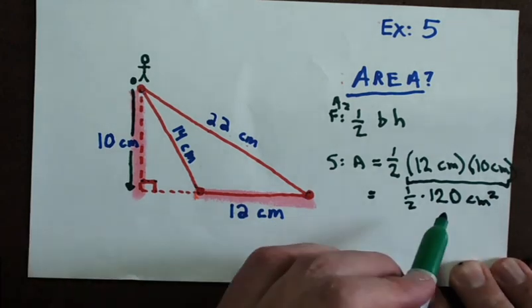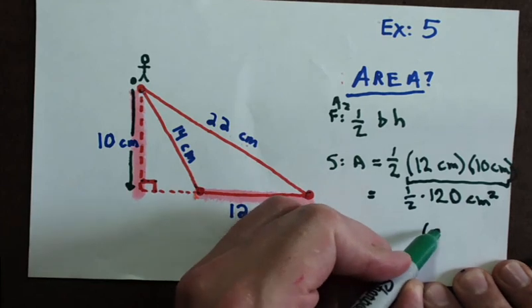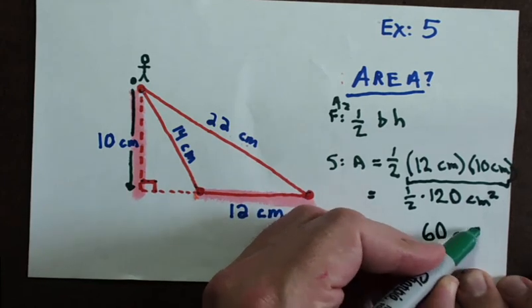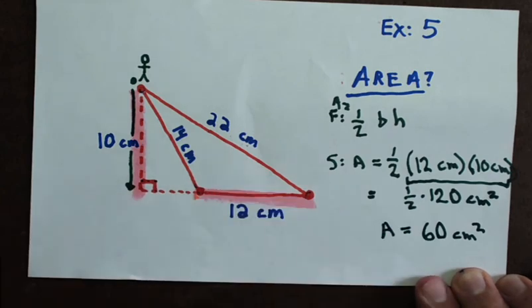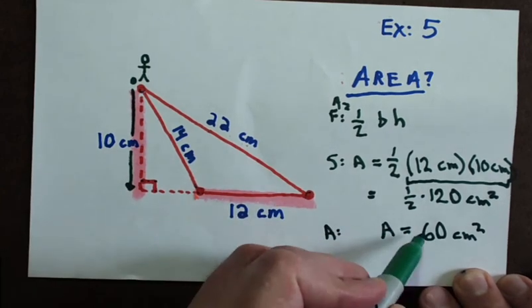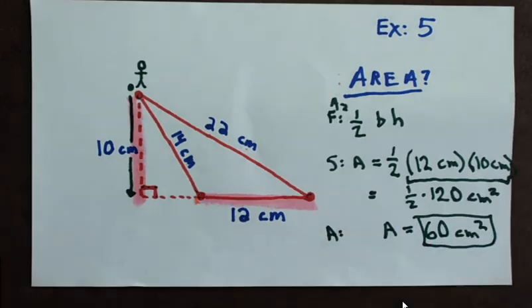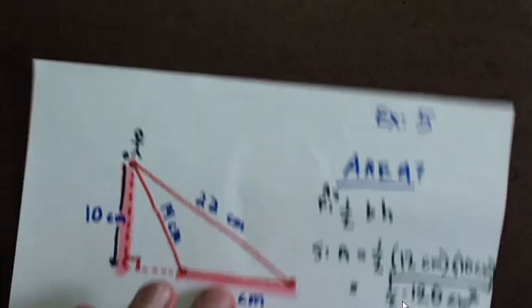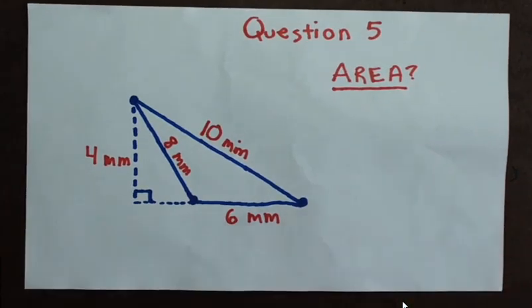Okay, so half of 120 is 60. So I'm going to write 60 centimeters squared. So my area is equal to 60 centimeters squared. That is my answer. Okay, and here is the Google Doc question number 5.